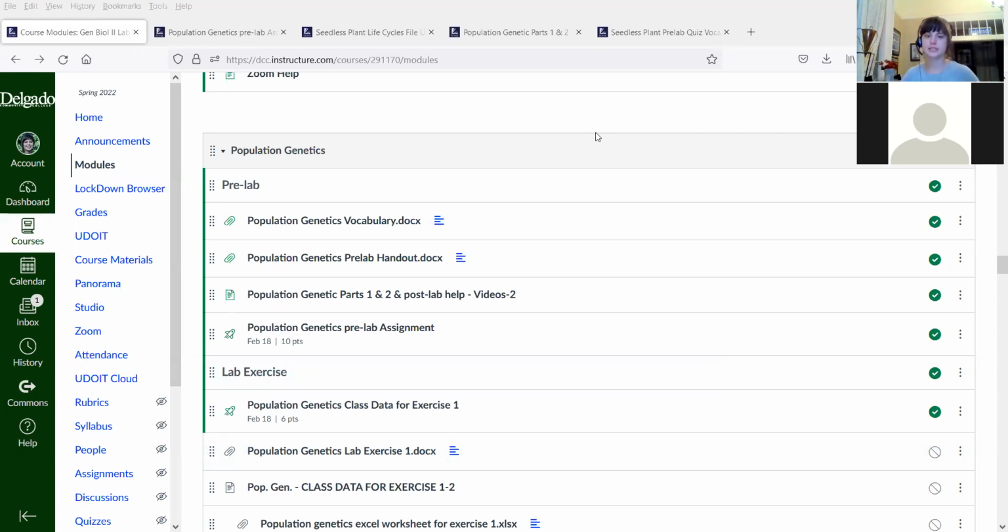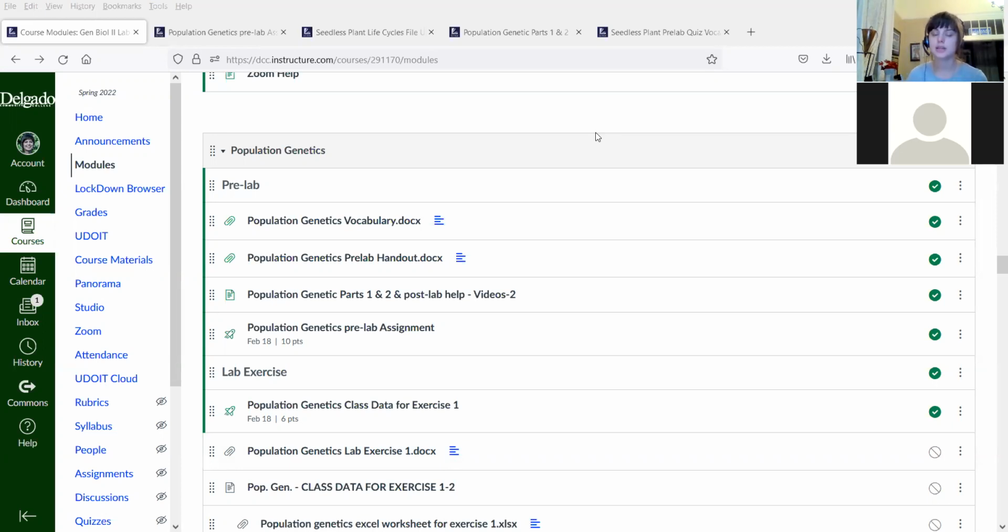So I'm going to switch gears. If you do have plant questions, we can talk about that more, but let me switch gears real quick and talk about population genetics. So in the announcement that I posted yesterday or the day before, it talked a little bit about this. This is a standalone module. We're not going to be tested on this.